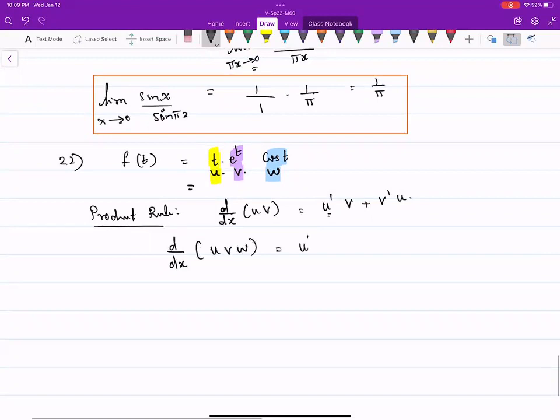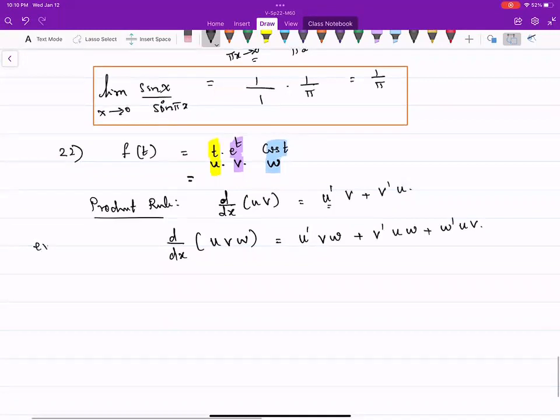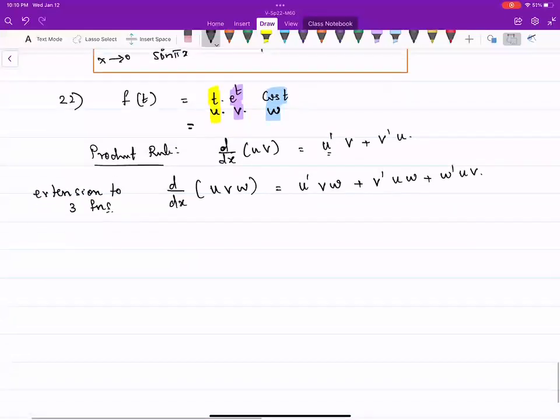You take the derivative of the first and multiply with the other two. Then the derivative of the second, multiply with the other two. Derivative of the third, multiply with the other two. So it is just an extension of the product rule to 3 functions.